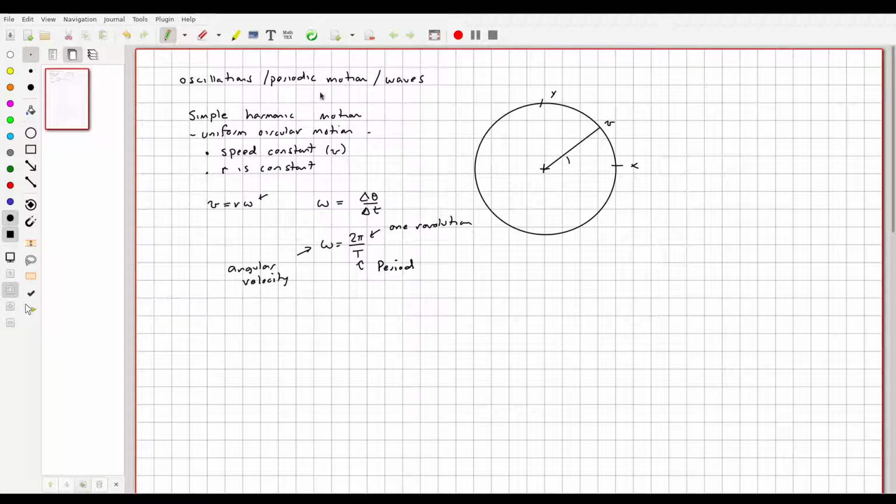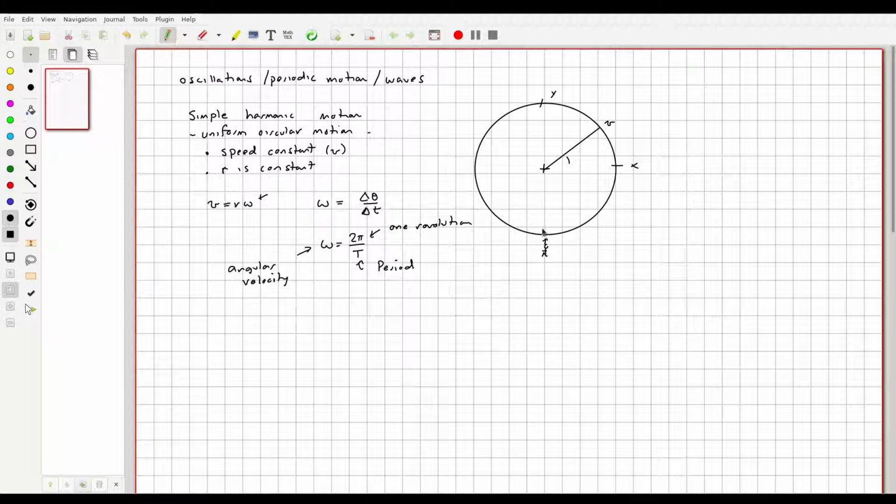Now, depending upon where you had University Physics 1, if they talked about this, they may have called this P. I generally avoid that since it's a time. That said, I want you to imagine standing right here, looking at a mass as it goes around.